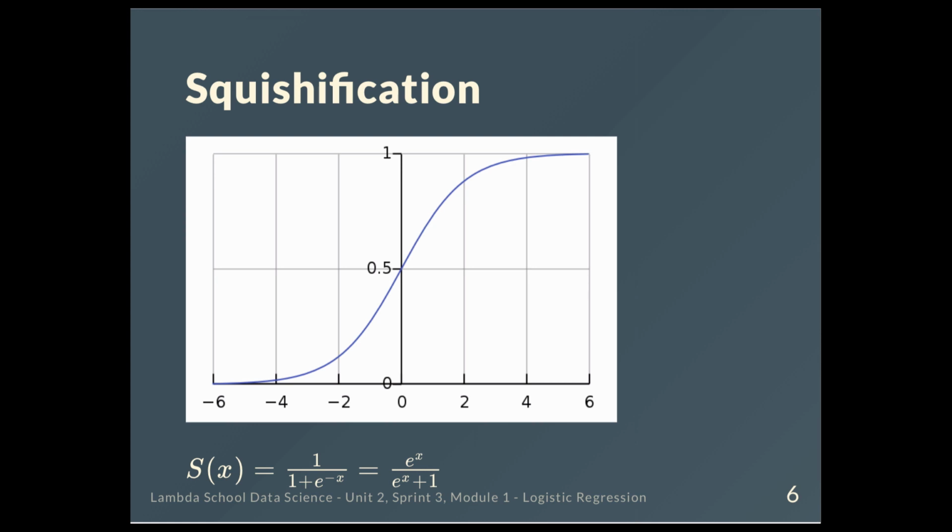Approval ratings are proportions, are percentages, are essentially classification, even if it doesn't necessarily seem that way to you. And so all of that class is best modeled with something like logistic regression, because logistic regression takes this sigmoid function here and uses it to squishify, to map values from the real continuum to the unit interval.